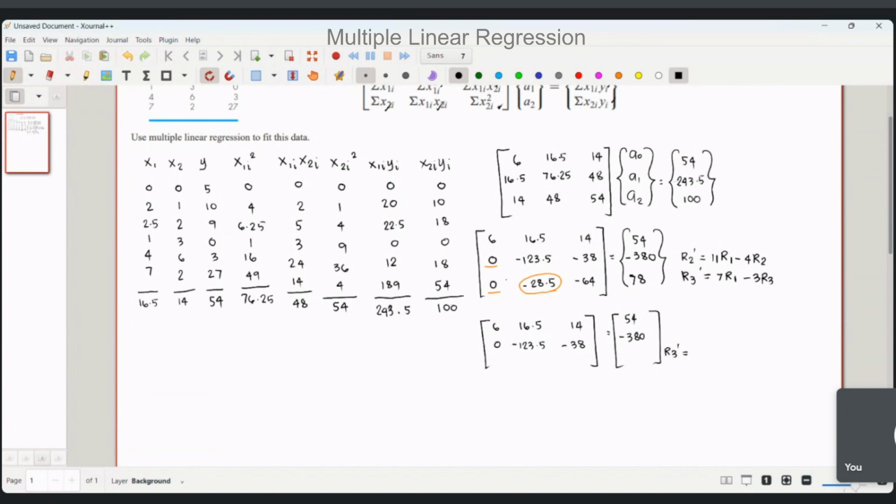What if 16 times 50? One is 3R2 minus 13R3. 3R2 minus 13R3.